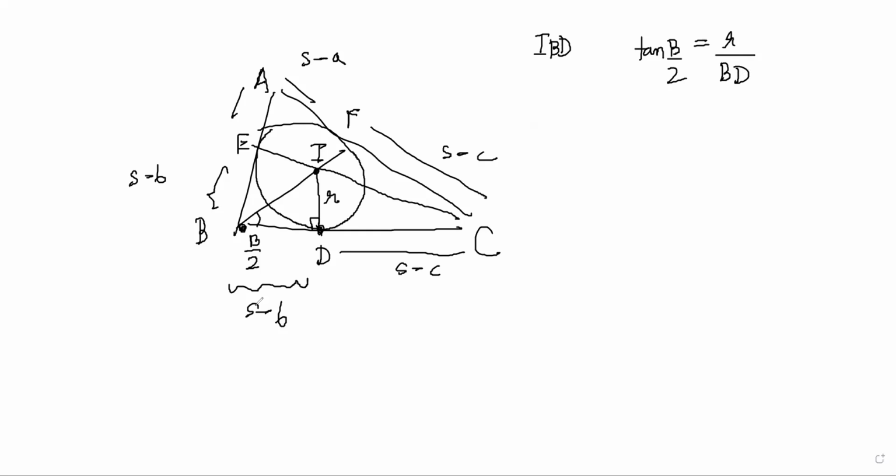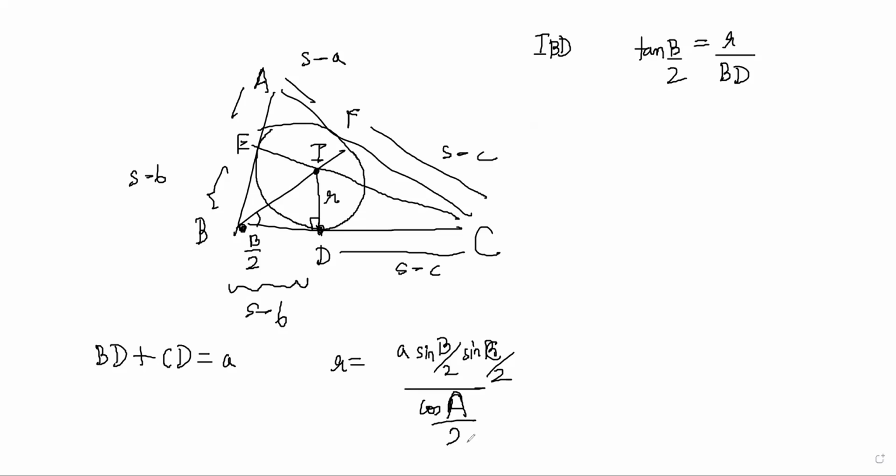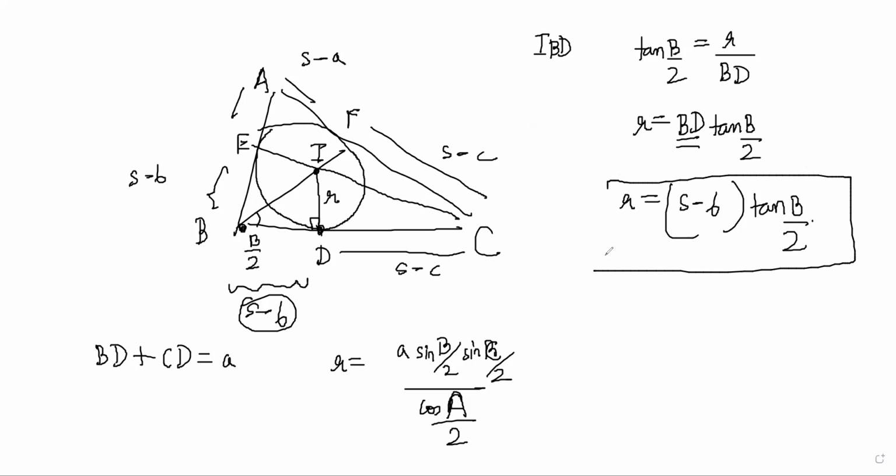Now this time don't do BD plus CD is equal to A. So one formula comes by doing BD plus CD is equal to A, and that gives you the R formula like this: A sine B by 2 sine C by 2 by cos A by 2. And if you don't do that, but just write this, R is equal to BD tan B by 2, and BD is S minus B. So that gives you the other formula. Okay, so this is one formula.